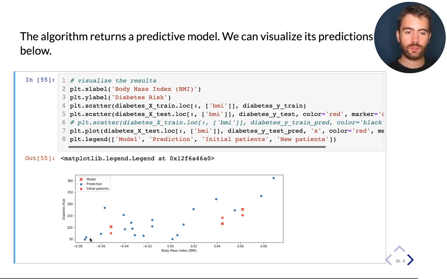And similarly to how we did this with the model that only had BMI, I can take these 3 patients. So these are my new patients, and I can generate predictions for them at these data points, and the x is the prediction from the model. And you can see that these x's are actually not too far from the actual point.